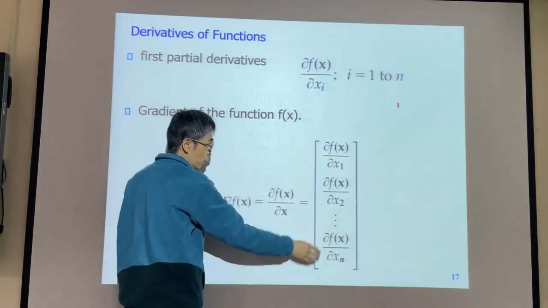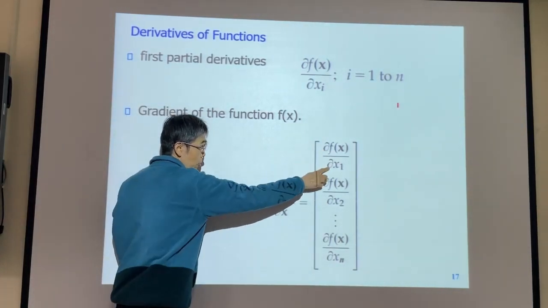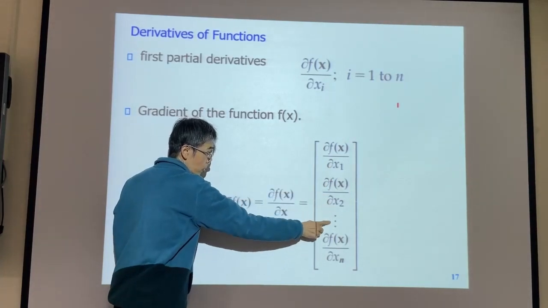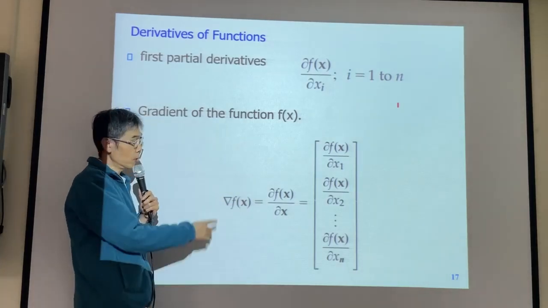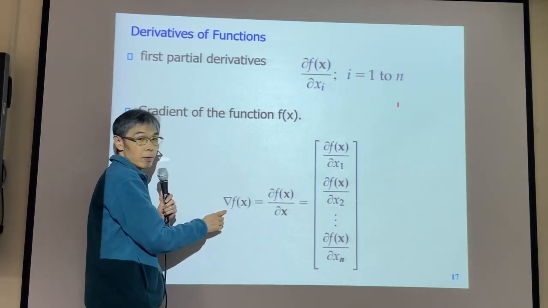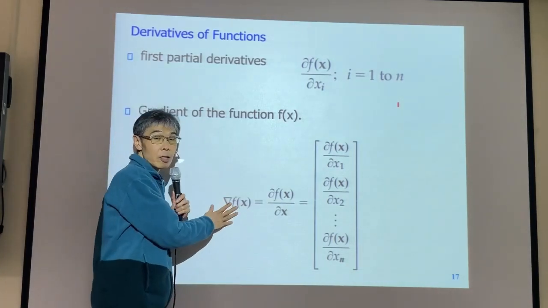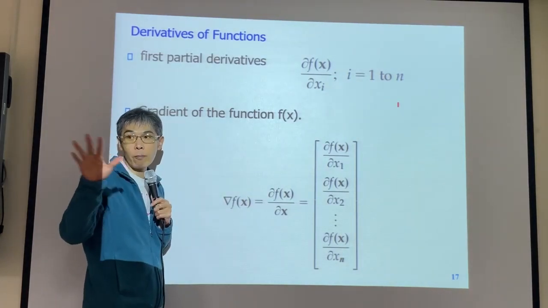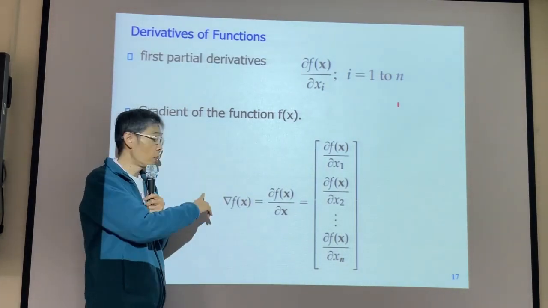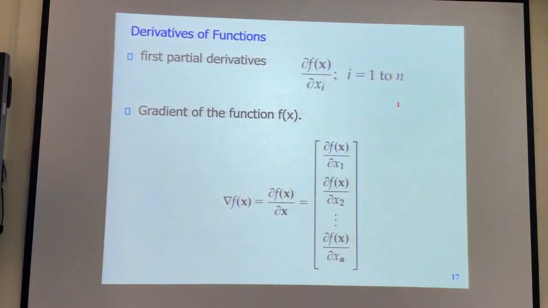The definition for gradient is partial f partial x1, partial f partial x2, keep going till partial f partial xn. So it's a column vector. Okay? The reason we need this is because when we do optimization, we need several properties, and we need the definition of this gradient. So you need to understand the definition of gradient.